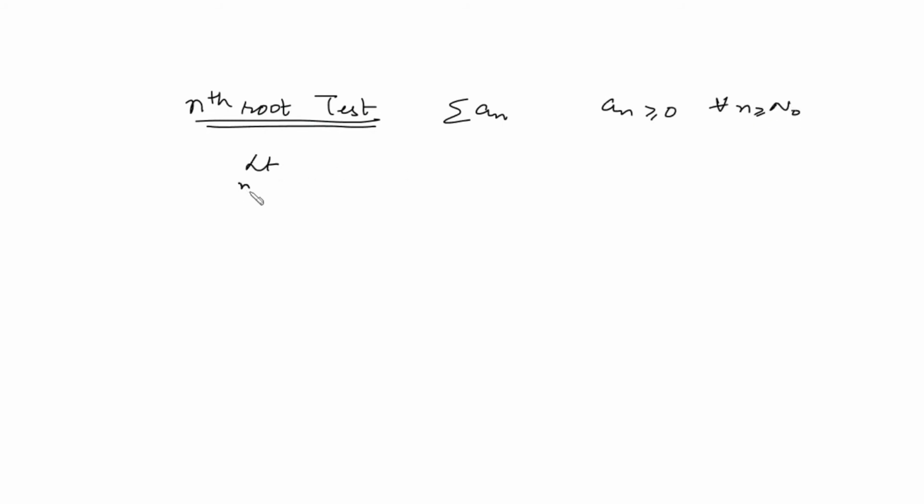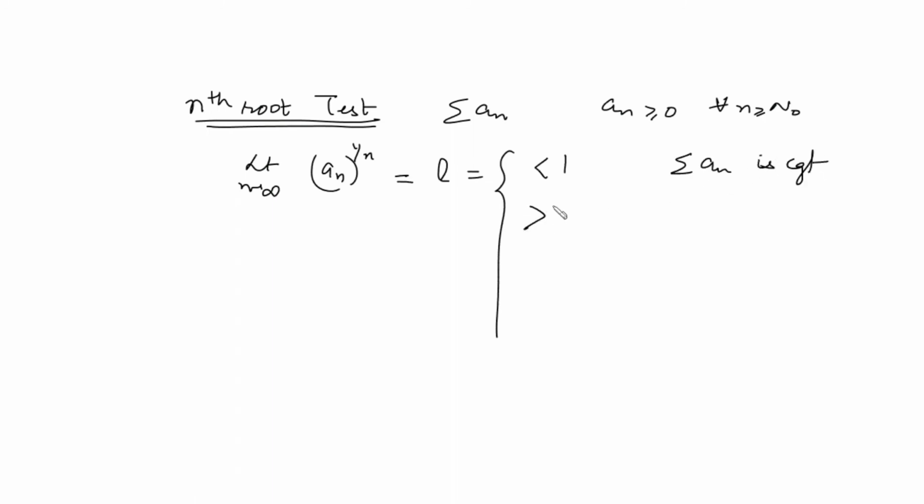Then you find the limit of the nth root of the nth term, let it be L. Then three cases arise. If this L is less than 1, then your series is convergent. If this is greater than 1, then this series is divergent. And if it is equal to 1, the test fails. So we have to apply some other test.